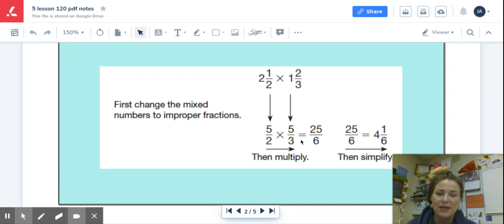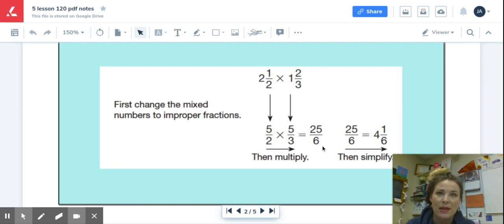And then also simplify means you're flipping it back into a mixed number, because unless they specifically ask you to leave your answer as an improper fraction, we don't ever leave our answers like that. They're improper. That's not the simplest form to leave them in. So just to go over that really quick, that's kind of backwards from the skill that we just practiced. We ended here with 25 sixths.